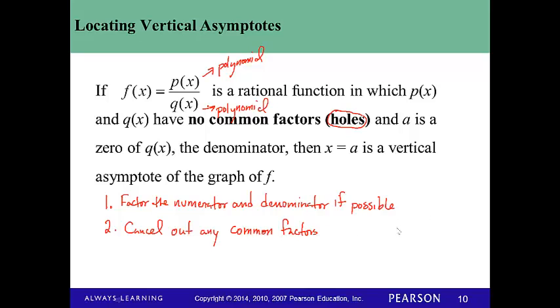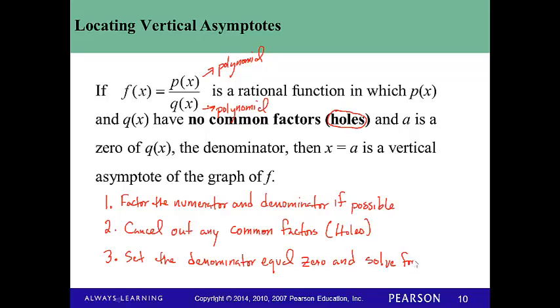If they have common factors, those are what we will consider holes. And then step 3 is to set the denominator equal to 0 and solve for x. This will become your vertical asymptote.